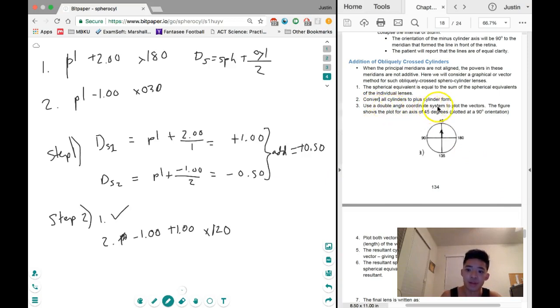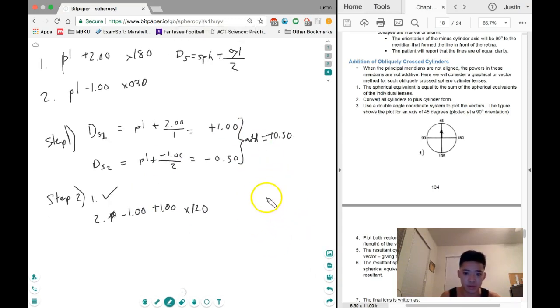Next, use a double angle coordinate system, kind of this thing right here. You might recall plotting vectors in either physics or math, so this is kind of like that, where you have these values of 1, 2, and 3.